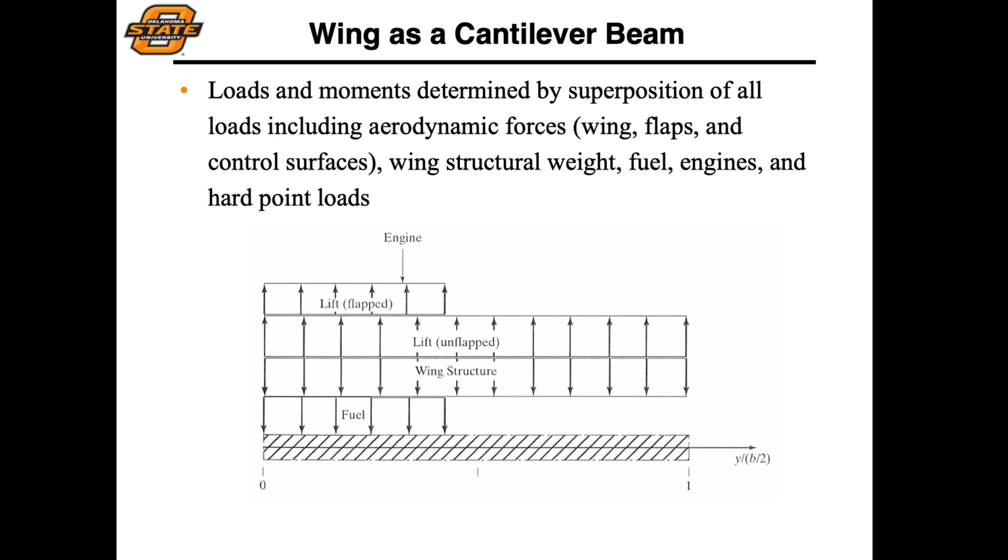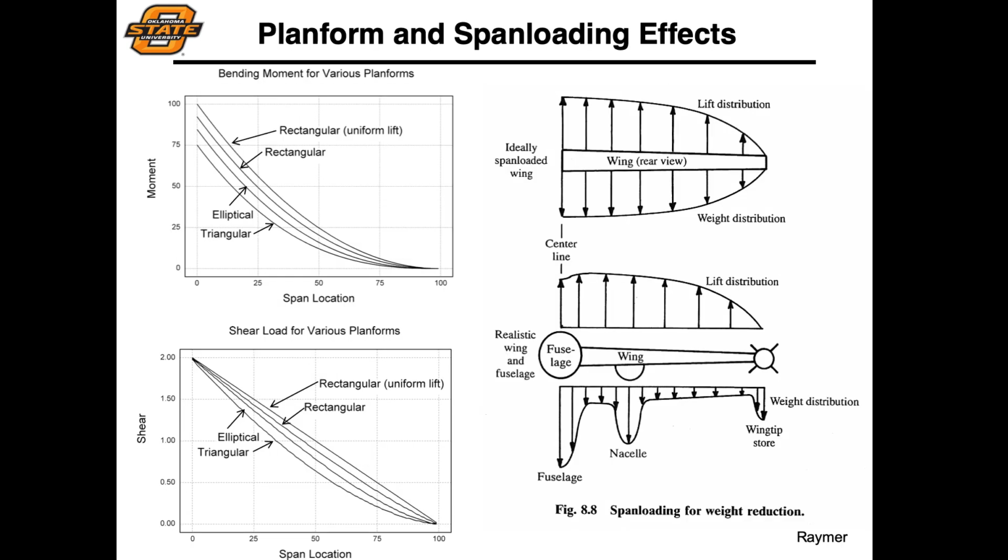And we're going to look at both the loads and the moments acting on that cantilever beam. And we're going to do this by simple superposition, meaning that we're going to look at individual loads such as the lift from the wing and the structural load of the wing, add those together, and then from that calculate the overall deformation of the wing.